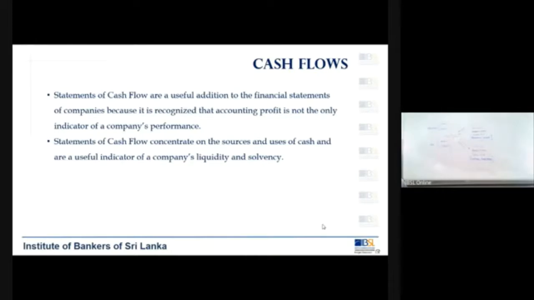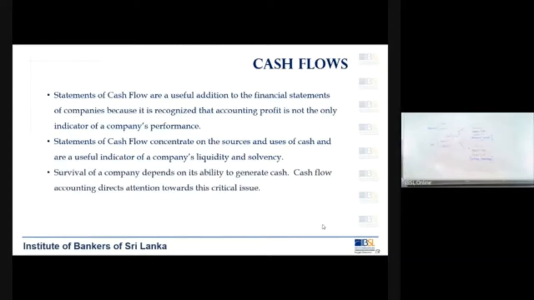Uses means how this company is making its expenses, whether they are investing, whether they are purchasing fixed assets, or whether they are making expenditure. All this information will be very useful for a company's liquidity. As long as you have cash, that is your liquidity position. Solvency means you are dead and gone.